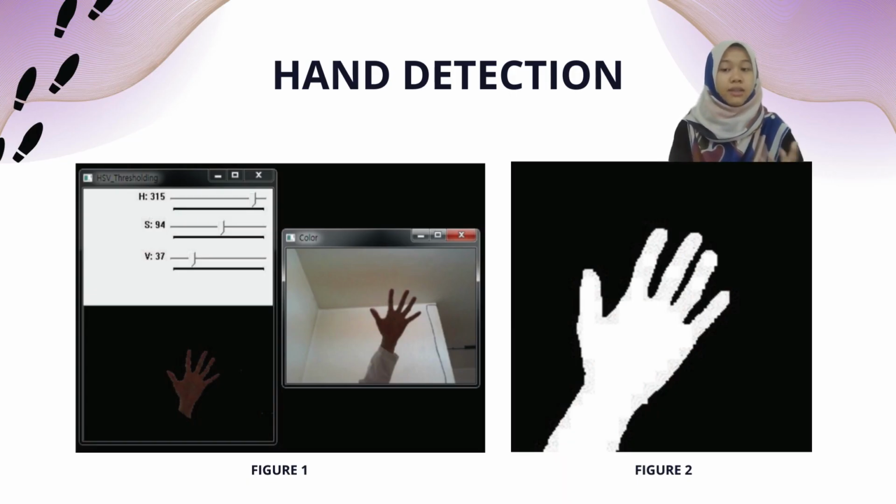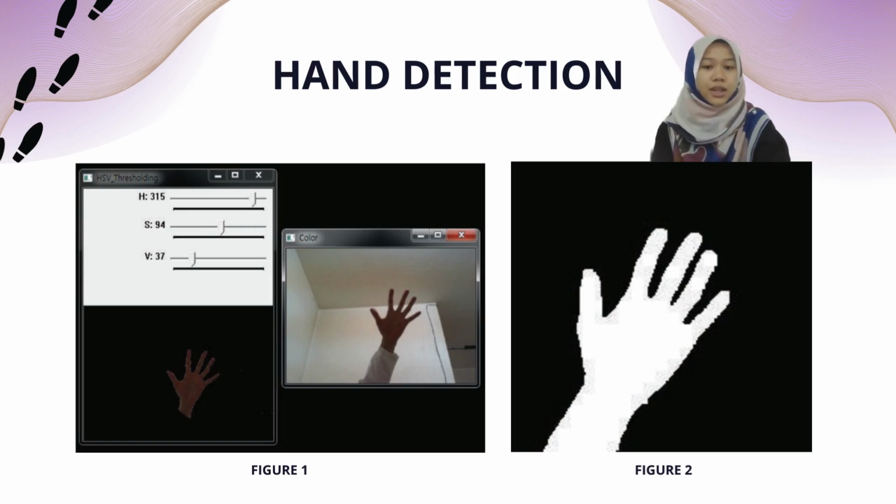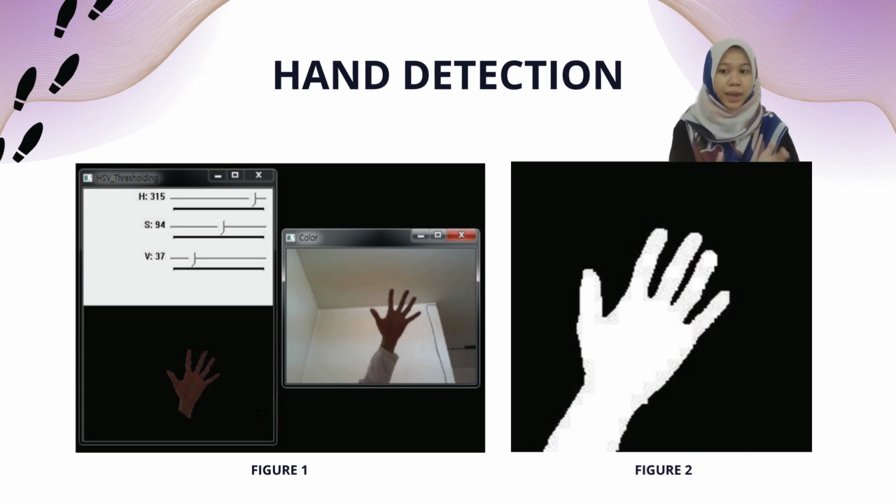The first concept is hand detection. Figure 1 shows the hand images captured by our web camera, either with or without noises, such as environment noises and human noises. The skin color will be used to discriminate the hand region from the background.